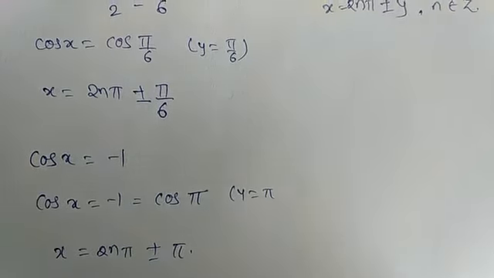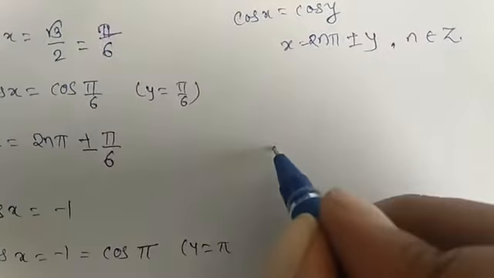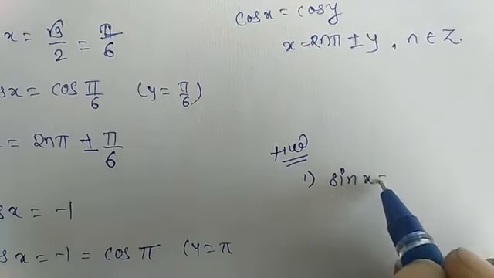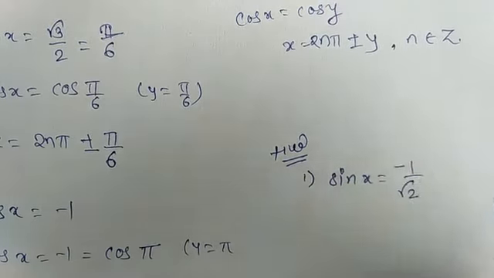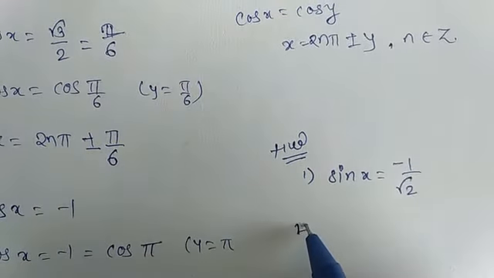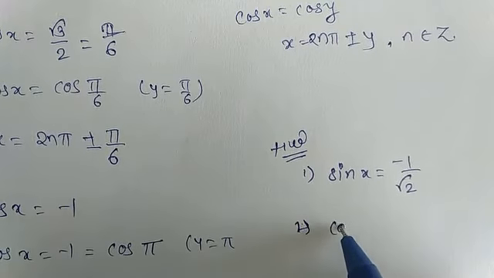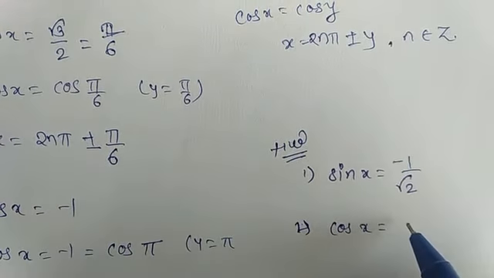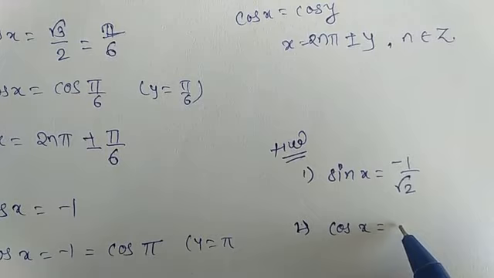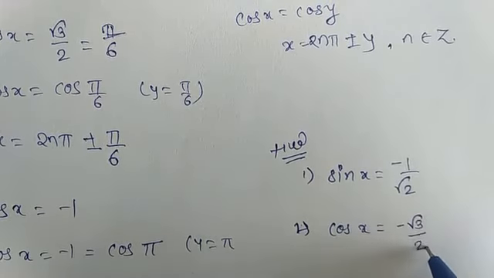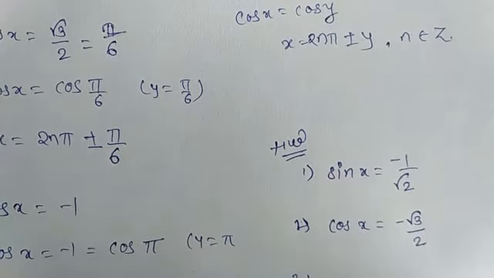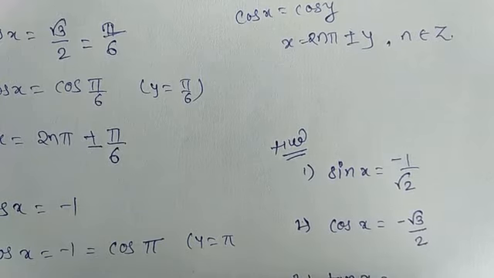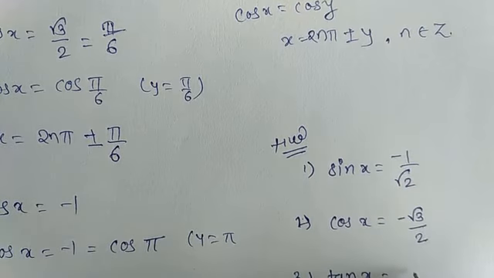For homework you have to solve the first example, sin x is equal to minus 1 upon root 2. Consider the second example as cos x is equal to minus root 3 by 2. Next, the third example, tan x is equal to 2.